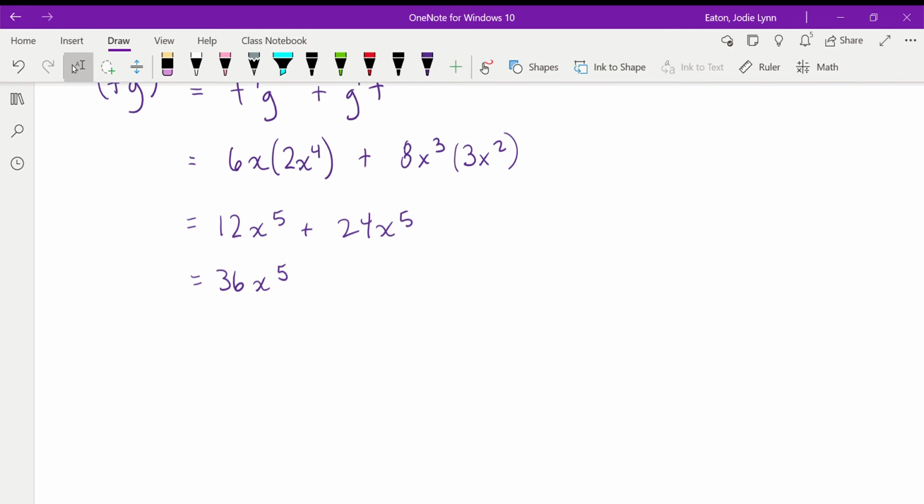So let's find f prime. This is our second example.